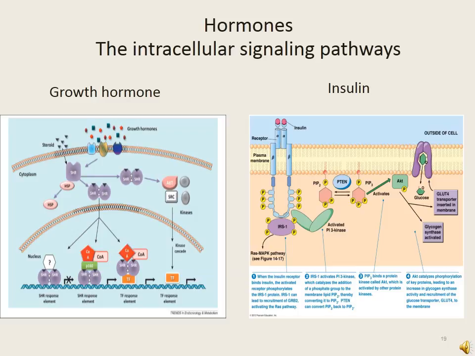Next, the transcription factors will be activated and then it will go to the transcription of certain specific genes. Okay. The figure shows you the signaling pathway induced by the growth hormone and by the insulin.